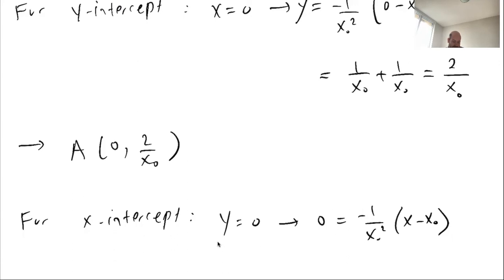So the area of OAB will be height times base divided by 2. So 2x0 times 2 over x0 times 1/2. And the answer is 2.